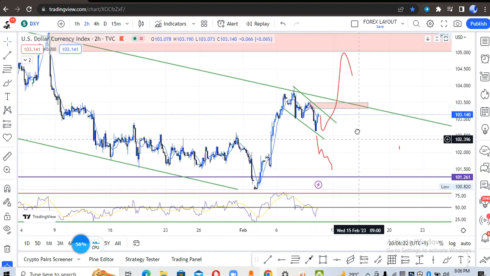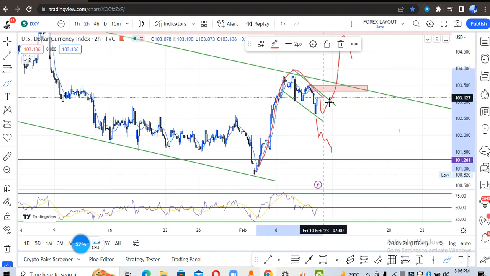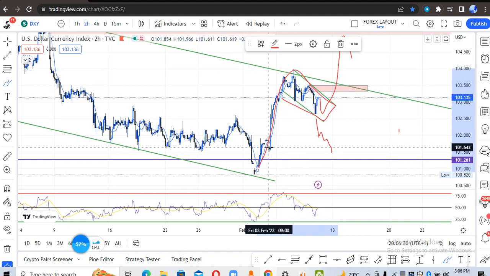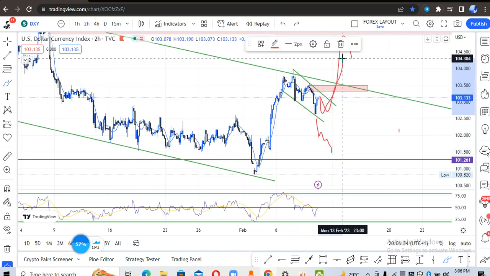The reason I'm saying this is because of two things. Number one, this pattern right here is a bullish formation. Whenever we have this type of pattern, we normally see the market breaking out of that kind of flag situation and going upwards.